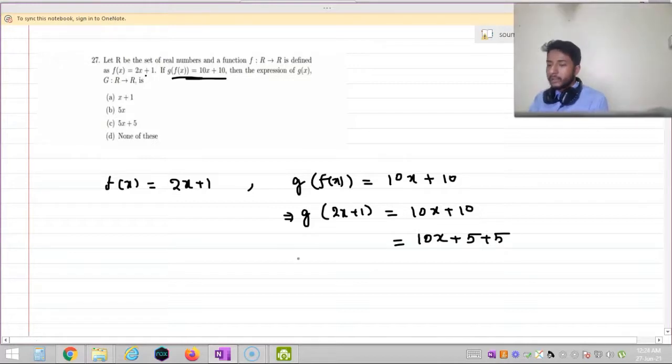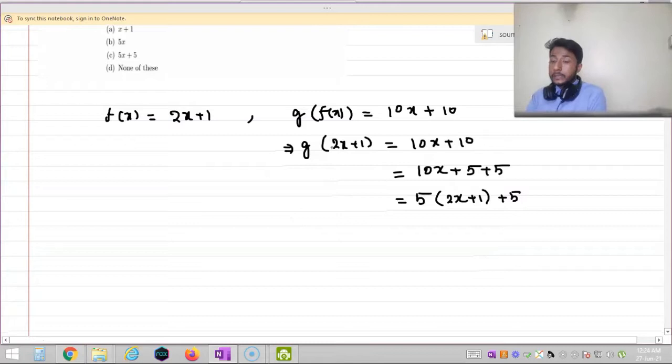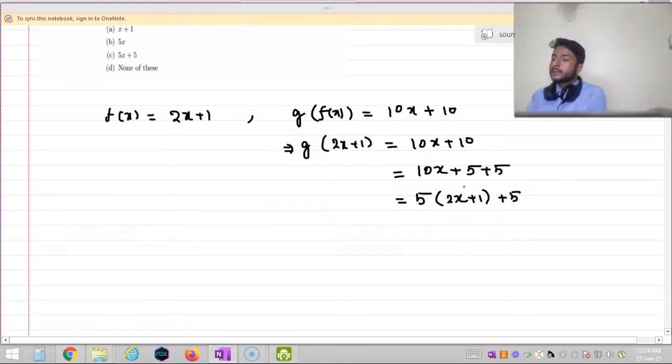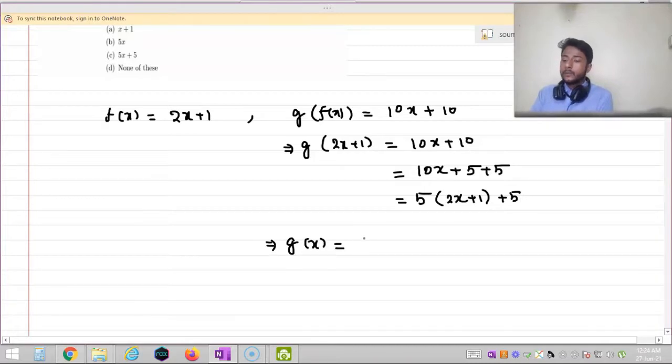If I take 5 as common, I can write it as 5 into 2x plus 1 plus 5. So g of 2x plus 1 is 5 into 2x plus 1. So if this is 2x plus 1, it will imply g(x) is equal to 5x plus 5. So option C is our correct option.